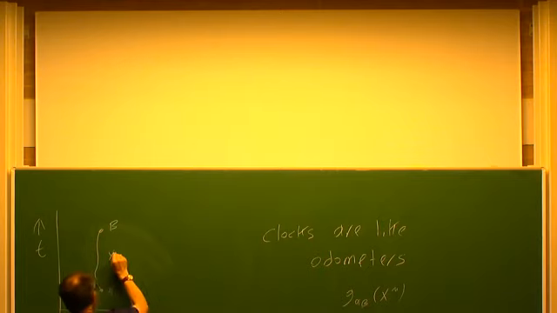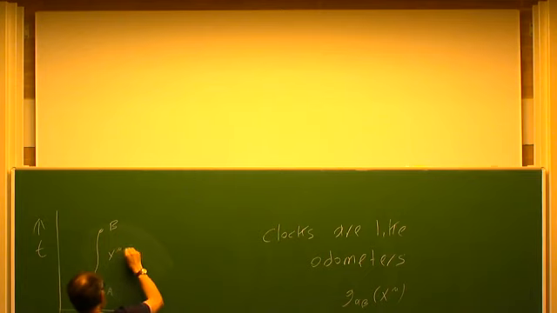So the curve gives the space-time coordinates as a function of some parameter lambda.